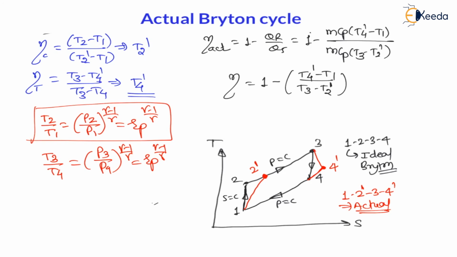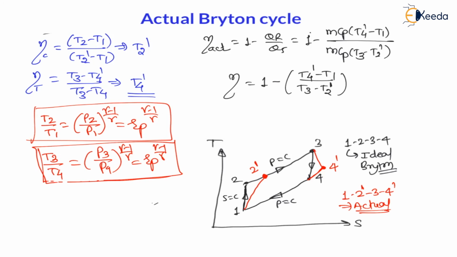Therefore, from these formulas we will calculate whatever may be the unknown among T1, T2, T3, T4. And T4 dash and T2 dash are calculated from the compressor and turbine efficiency formulas, and we use these values here to find the final efficiency of this Brayton cycle.